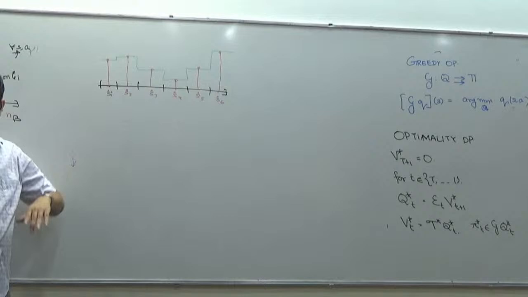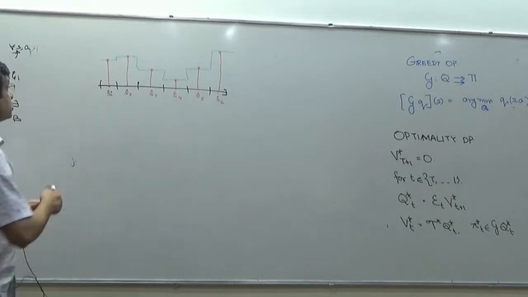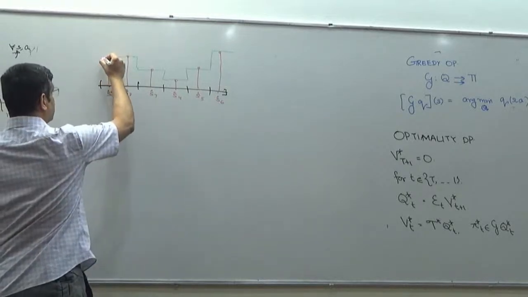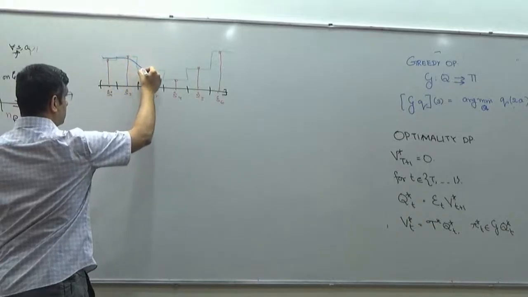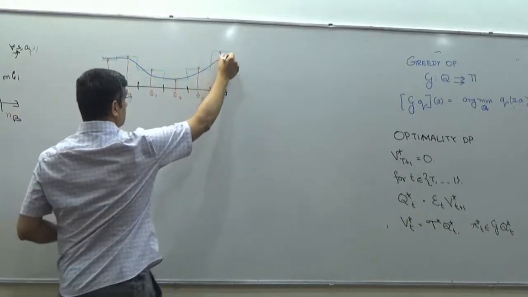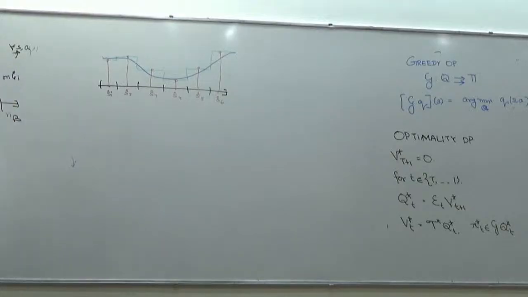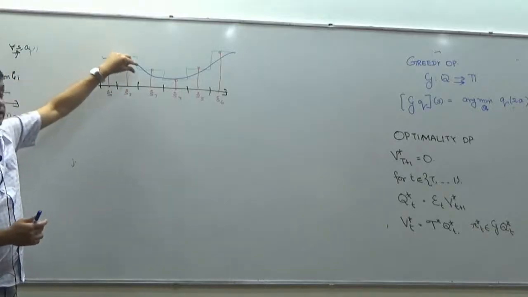Let us say the true value function was something like this. With this discretization, I have obtained some approximation of it. When I get more and more bins, I will get tighter and tighter approximation.